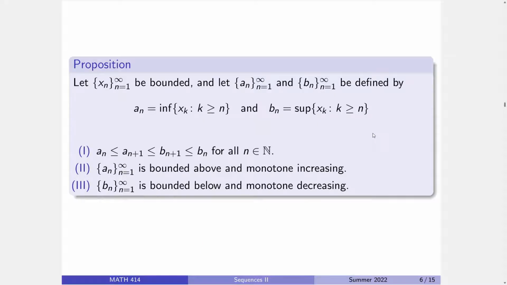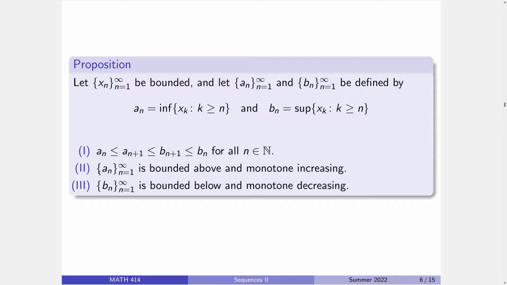Alright, so here it is. Our very nice theorem about the convergence of the infimum of the tails and the supremum of the tails of a bounded sequence. Specifically, what we are going to verify is that A sub n and B sub n are related to each other as follows, which hopefully looks very familiar because we saw this in the proof of Cantor's uncountability of the real line.